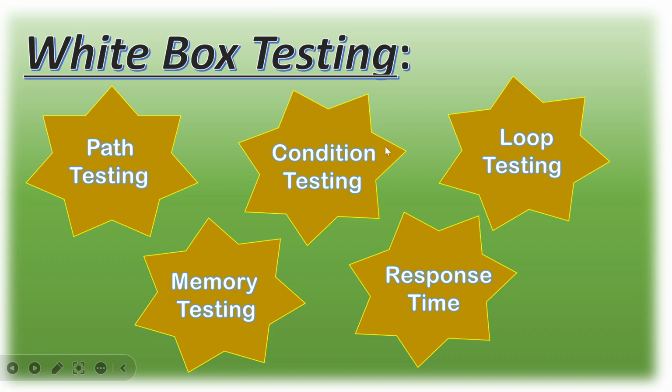Next is loop testing. Here developers check if the written looping statements are executed successfully for the number of cycles or iterations they have mentioned. For those numbers of iterations or cycles, they will be checking whether the looping statement is executed or not.